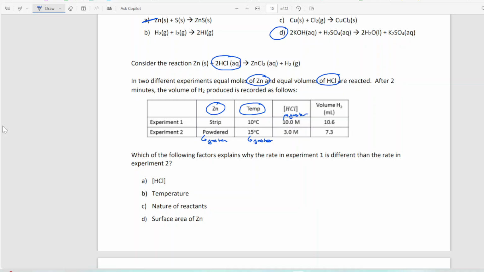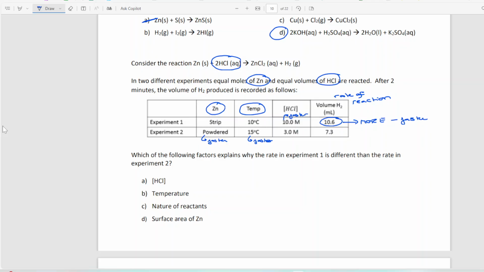And then what we're going to try to do is explain the rate of hydrogen produced, really, right? So this is my measure of my rate of reaction. Why? Because it's how much product is produced. So here, this is way more, which means that experiment 1 must have been faster.